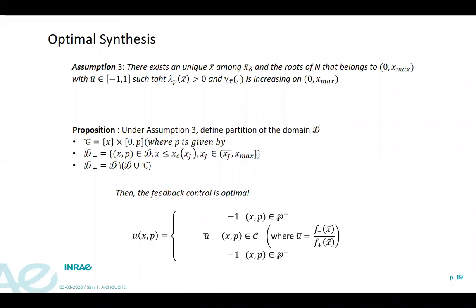So under this assumption, we define the following portions of the domain D. The optimal feedback control is to apply u equal to 1 if xp belongs to D plus, u equal to u bar if xp belongs to C, and u equal to minus 1 if xp belongs to D minus.